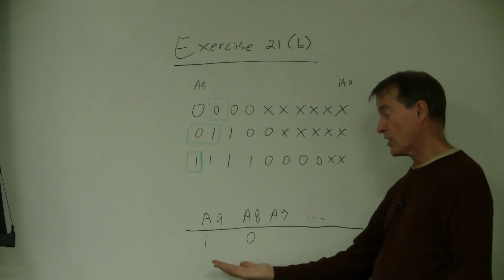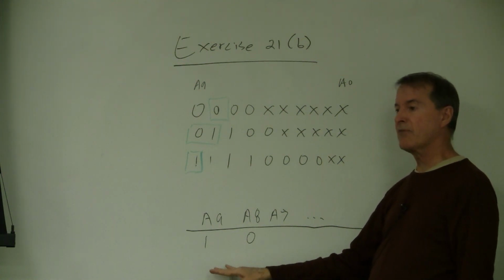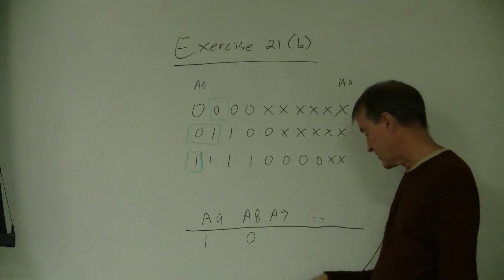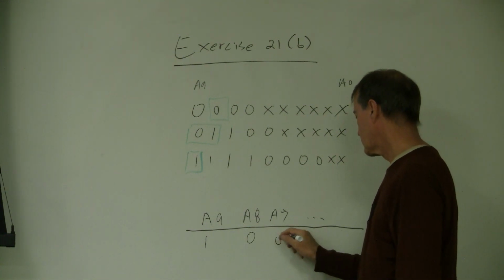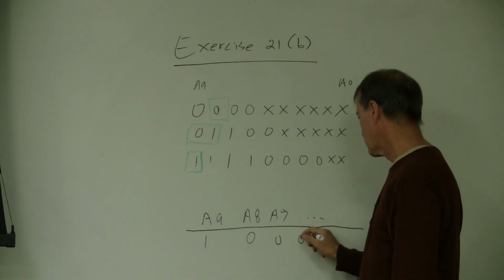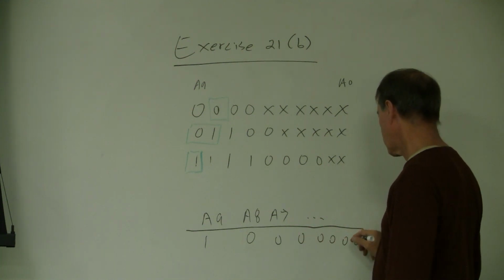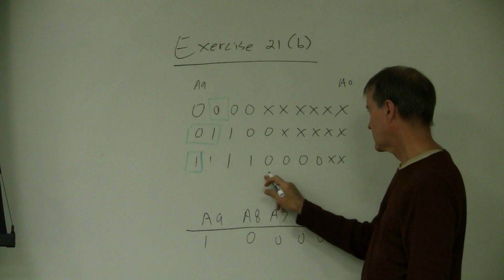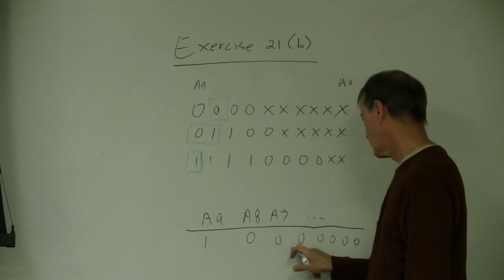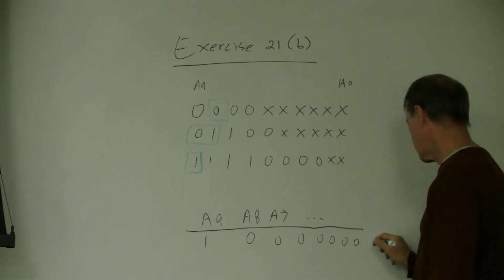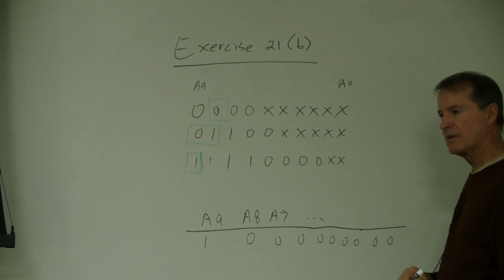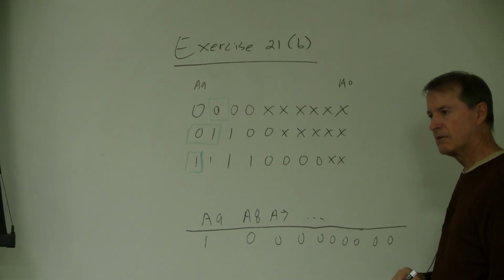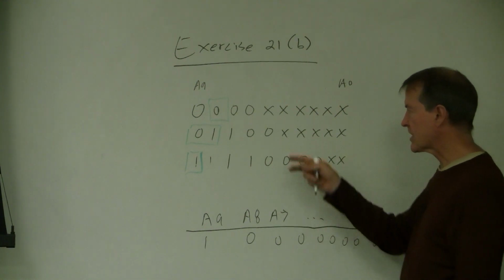But, well, okay, so here's my question. If the CPU were to put this address on the bus, 10000000, what would happen if you design it this way?